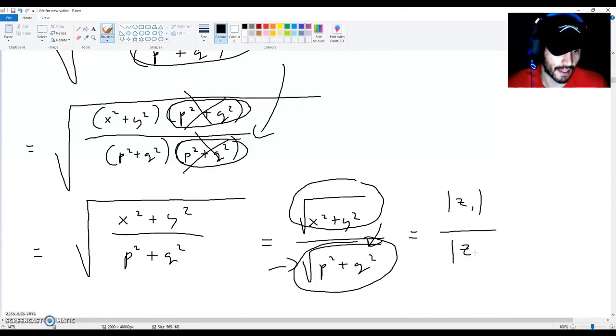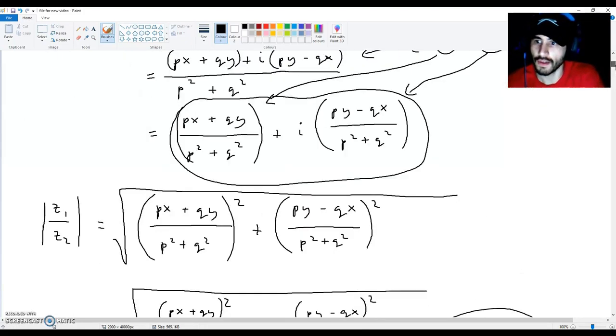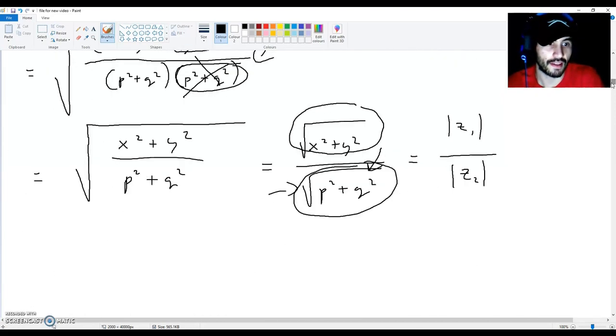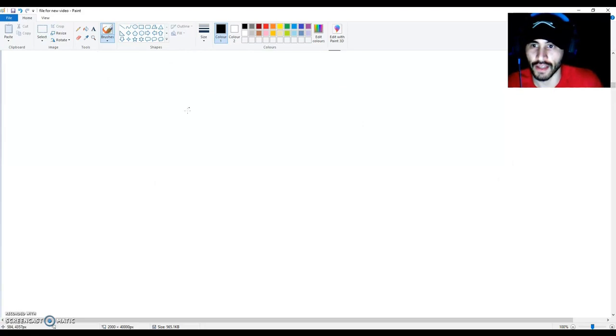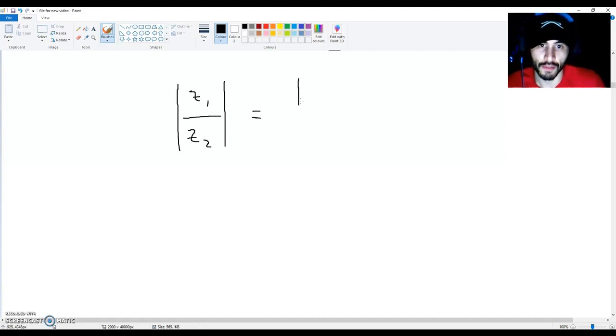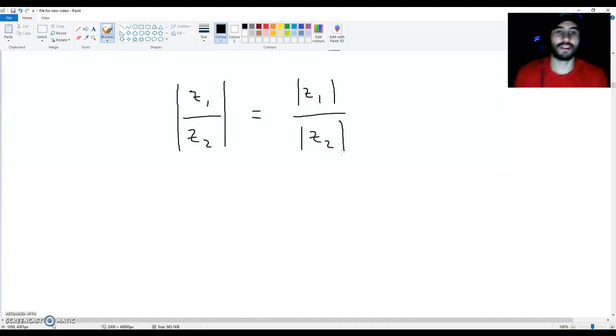So we know that the magnitude of Z1 over Z2 is exactly the same as the magnitude of Z1 over the magnitude of Z2. Therefore, we have our proof: the magnitude of Z1 over Z2 is equal to the magnitude of Z1 over the magnitude of Z2.